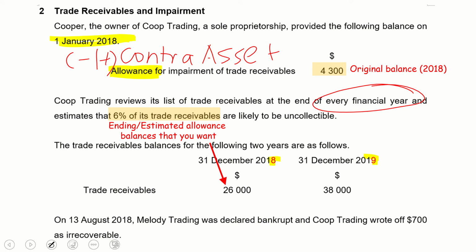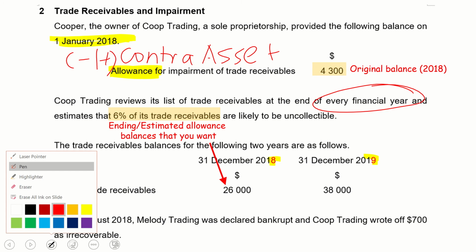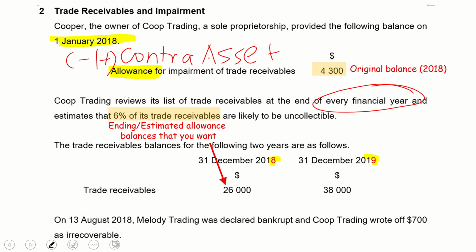It informs you that in 2018 and 2019, there is some trade receivable. The last piece of information is that on 13th of August, Melody Trading was declared bankrupt and Cooper had to write off $700 as irrecoverable. So this $700 is a write-off.